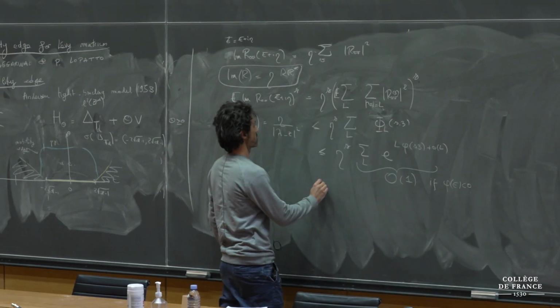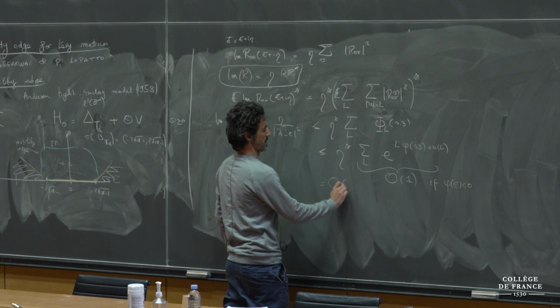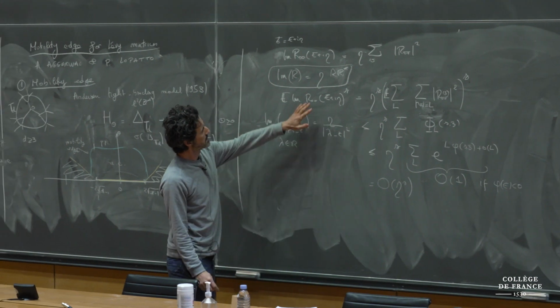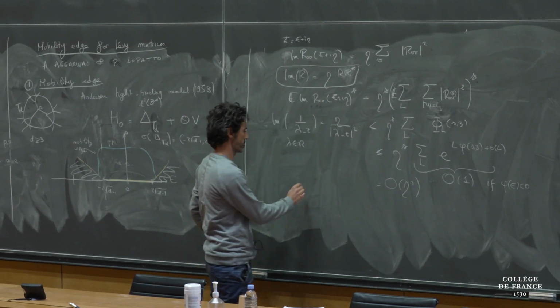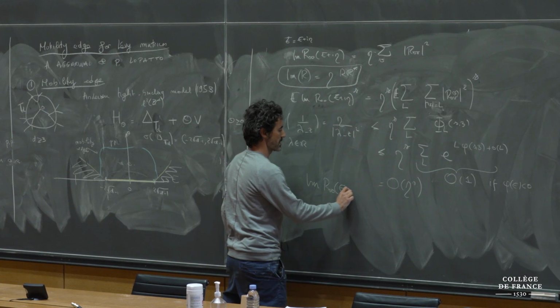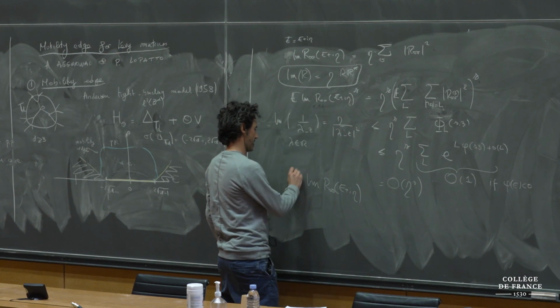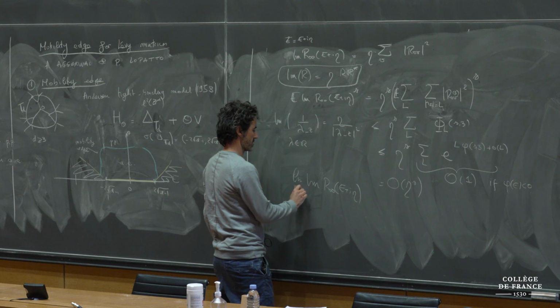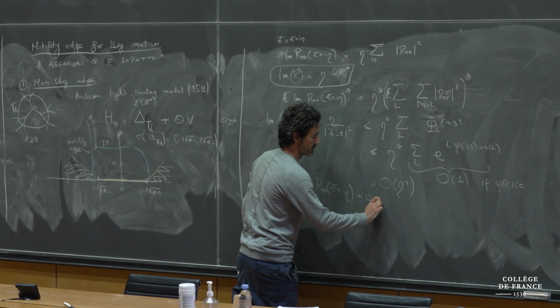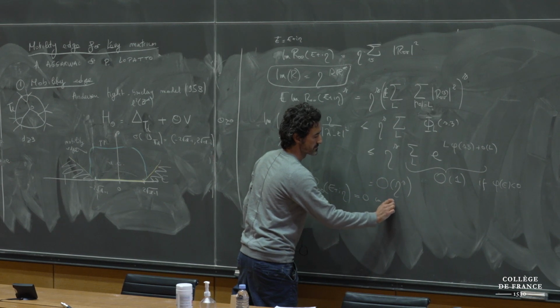And so this will be of order η^s. And so in particular, you have proved that the imaginary part of R_0(E plus iη), the limit as η goes to 0, is equal to 0 in probability.